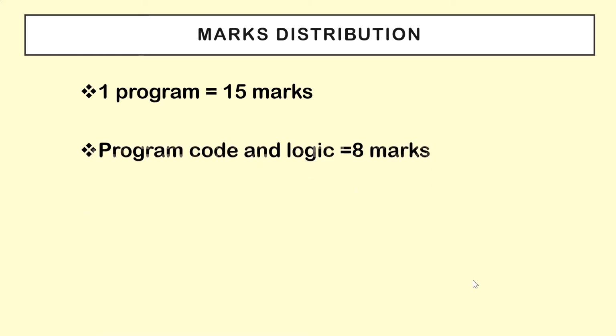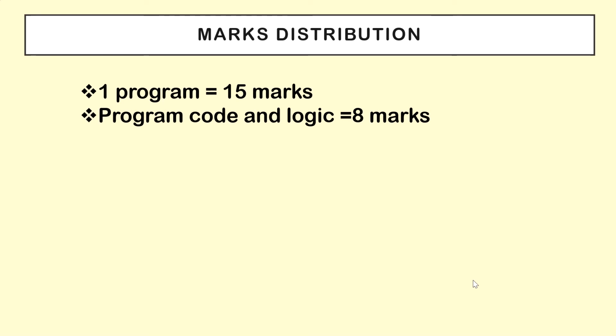So let us understand the marks distribution, how the marks are divided in Section B programs. One program carries 15 marks. The program code and the logic which you are writing carries 8 marks.